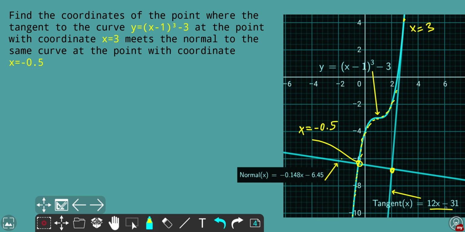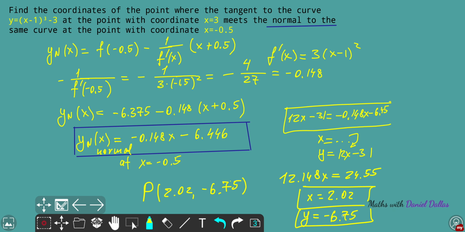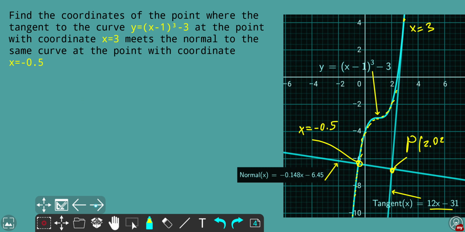And what we're going to do, we just need to set up the coordinates for two lines. If you want, you can draw them using your GCSE, okay, and using that point P as the point of intersection. As you can see, it's very close to what we calculated, so 2.02 is around 2, and the y coordinate is going to be negative 6.45 versus the negative 6.75 we calculated.